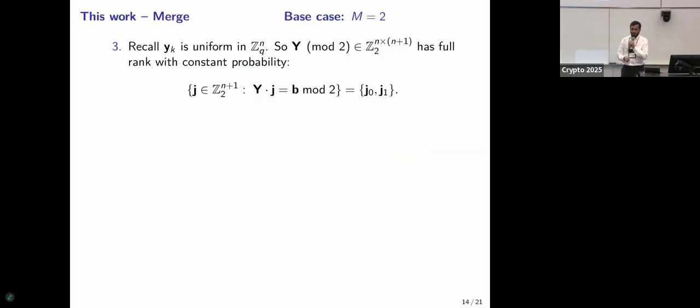And remember, this capital Y is uniform modulo 2. So it has full rank with constant probability because the columns of Y are uniform modulo 2. So we can say that because it's an n by n+1 matrix, the solution set of this system of linear equations is J0 and J1.